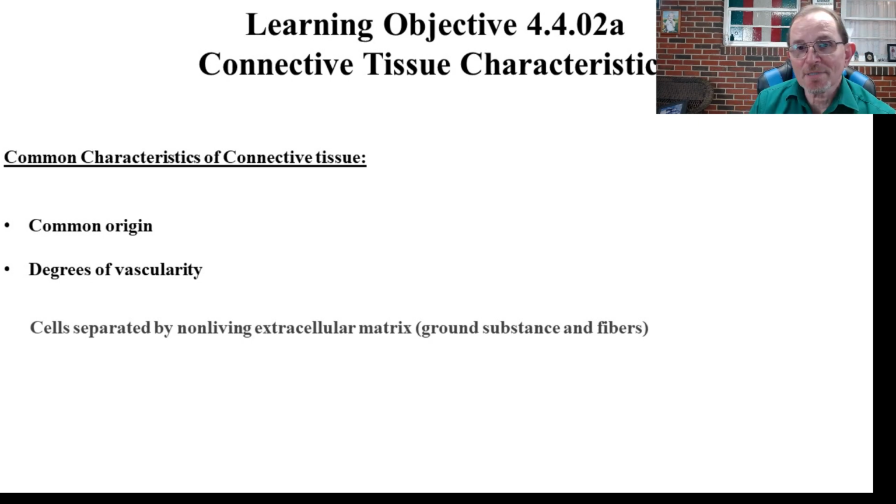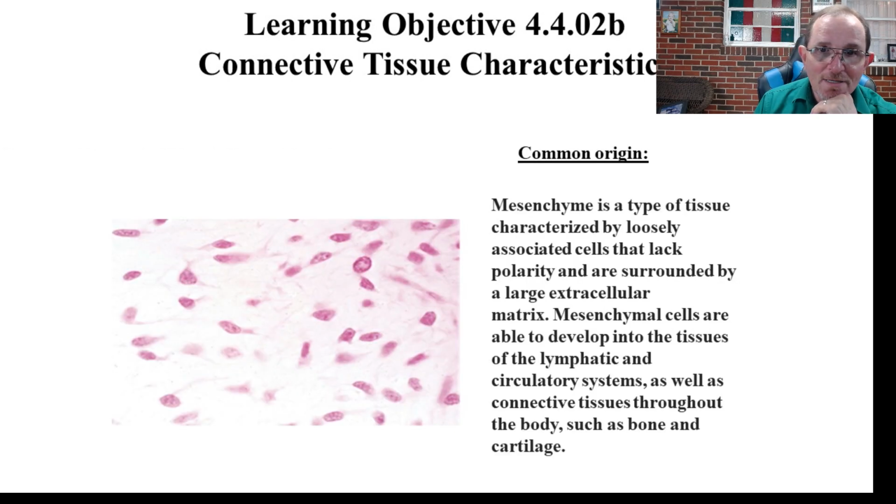And as we said already, the cells are actually kind of spaced out, and the matrix is consisting of things which are actually non-living. Fibers aren't alive. They're not a cell. And whatever fluid, whatever it is, they have this space. And we'll see this in the specific examples, guys. Okay.